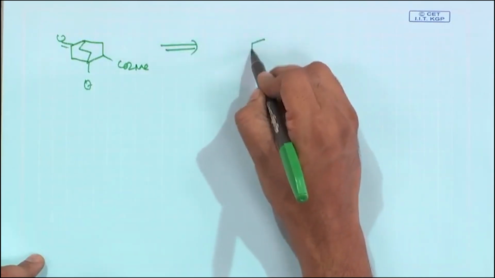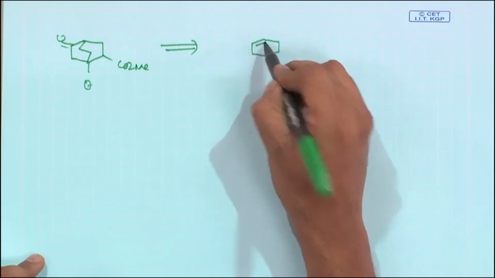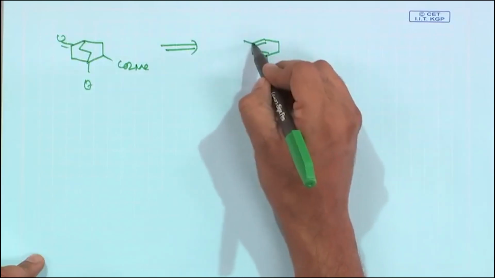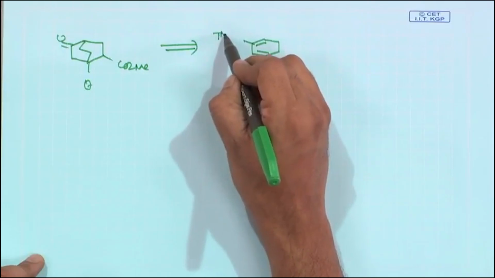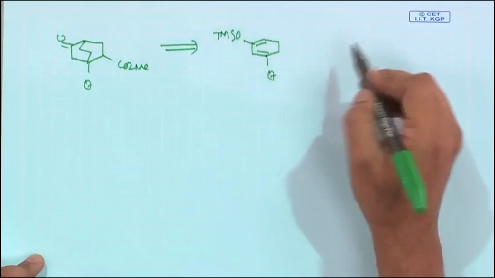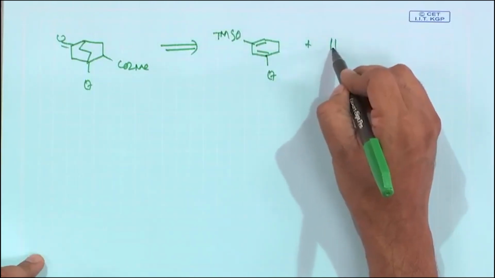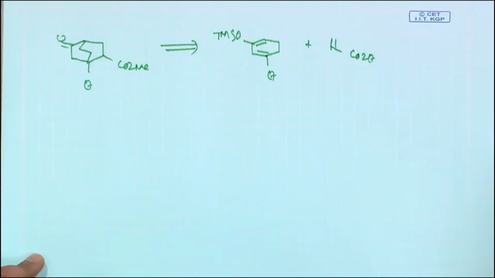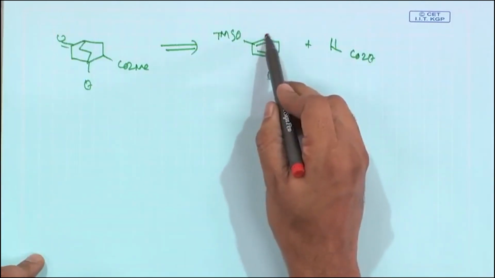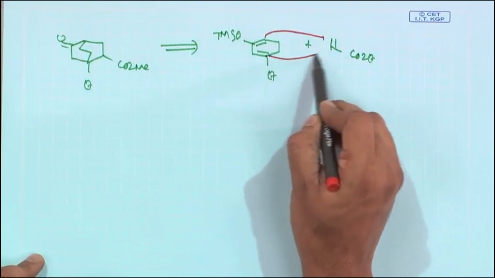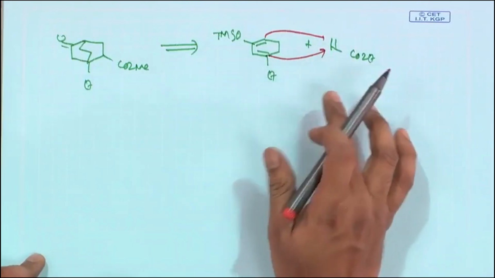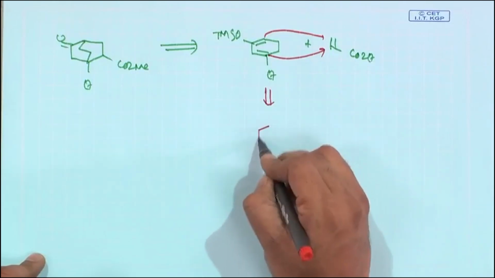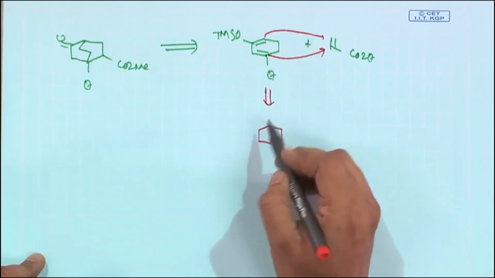Next I am saying, probably if you have this kind of structure, this kind of diene as a Diels-Alder 4 pi system, you can easily do a 4+2 cycloaddition by simply doing this. That is absolutely doable.